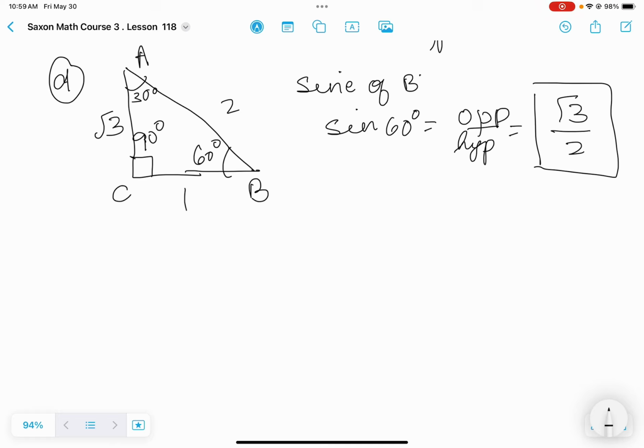Now E. In E, we are asked to solve cos of B. Cos of B is cos of 60 degrees. Cos is adjacent by hypotenuse.